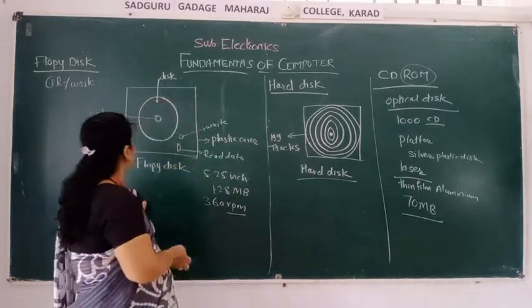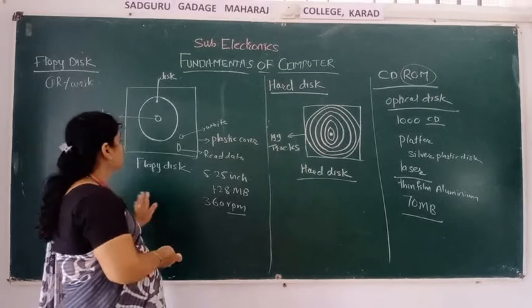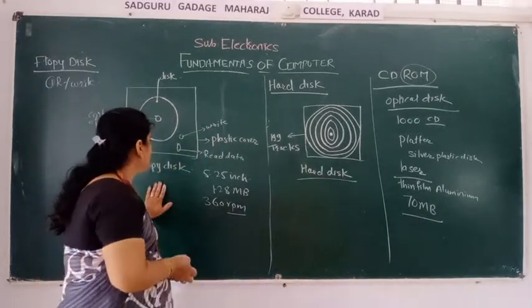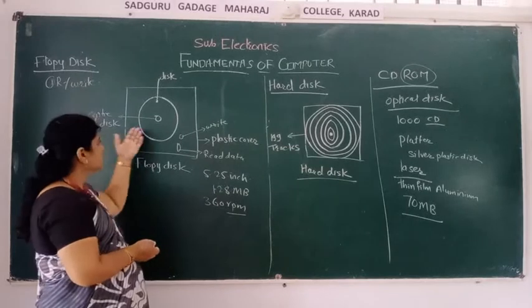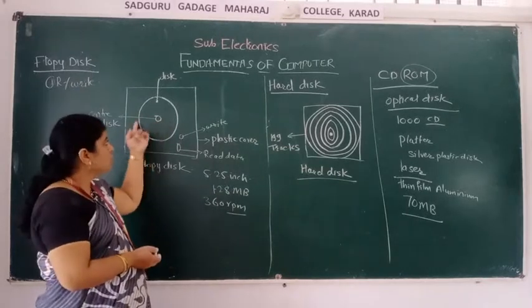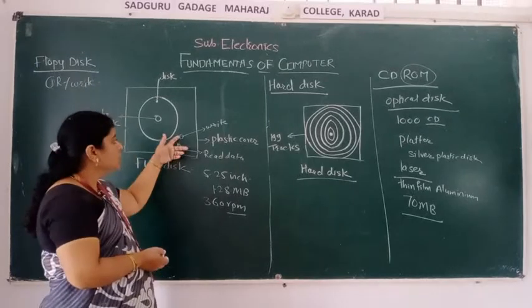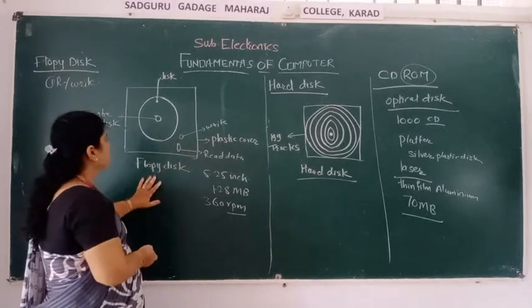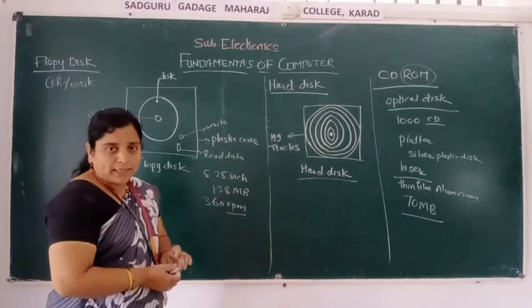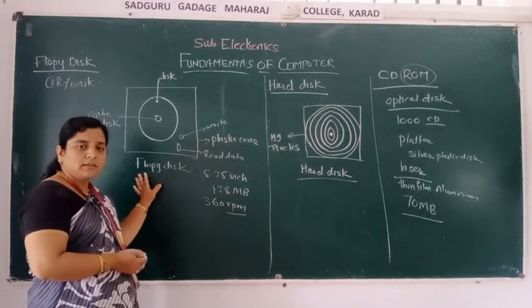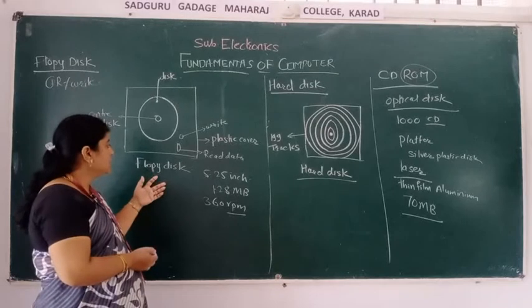Therefore, the floppy disk we use is a secondary memory. So what does this floppy disk have? A central disk which rotates, and whatever data you want to read or write, you can, because it is a type of random access memory. So you can do both read and write in the floppy disk.